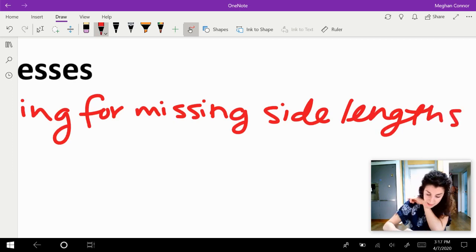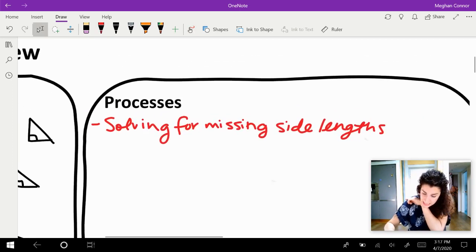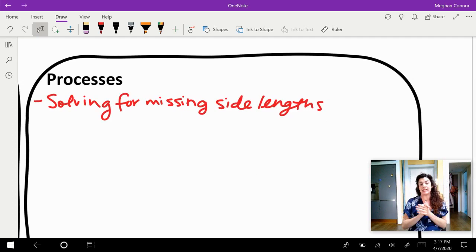I will not write this down because my stylus is driving me crazy, but you should write down what that process is. The process is that you have to set up a formula and then solve for the missing side length. It's super easy. Obviously, some of these other ones are going to get a little bit more tricky, but your first step is to find the right formula such that there's only one variable and then solve.